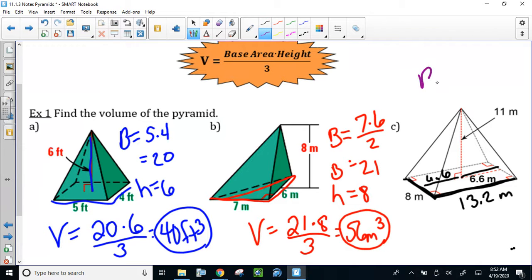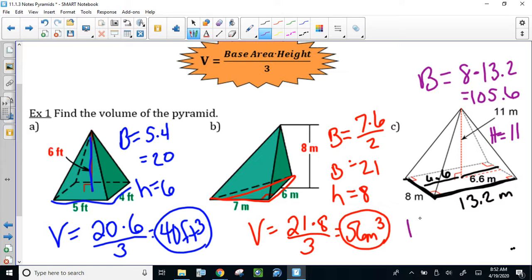And so then if we need to know the base area, I'm going to write this up here. The base area would be 8 times 13.2, which would be 105.6. And then we can clearly see our height is 11.